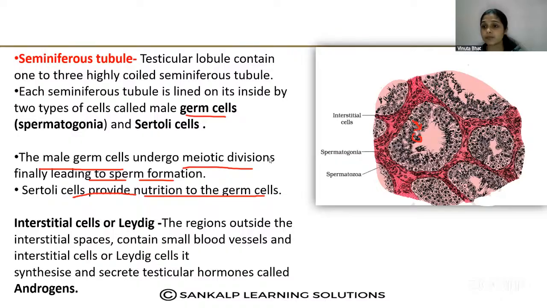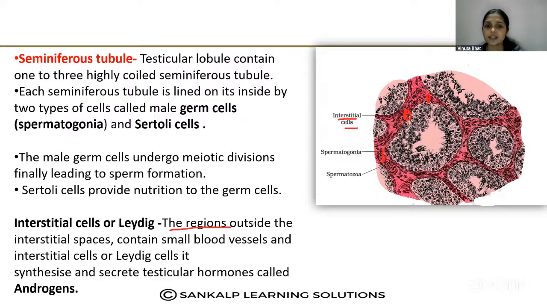One more very important type of cell is called interstitial cells, present in between the adjacent seminiferous tubules, also called Leydig cells.